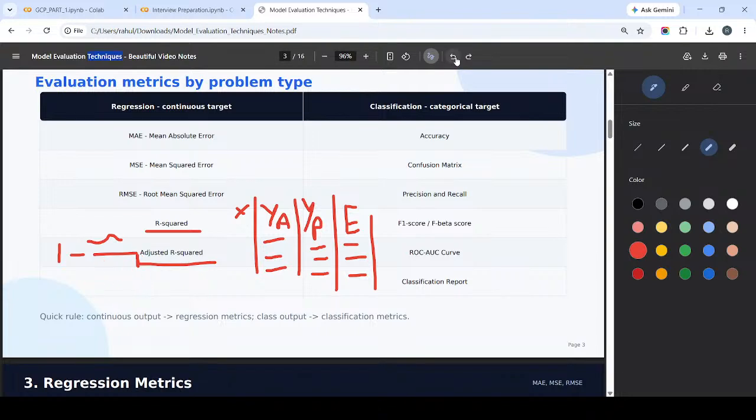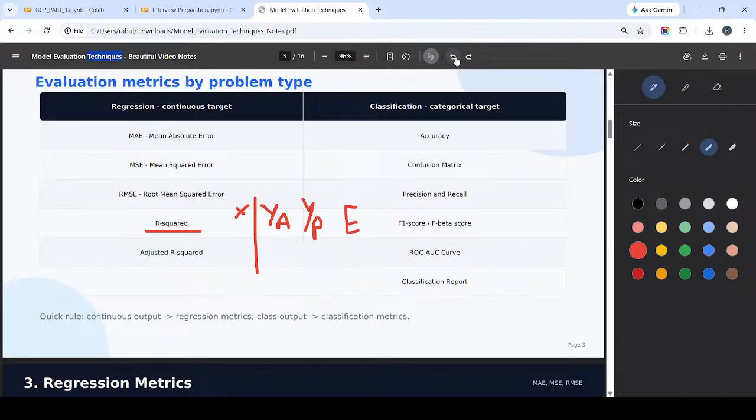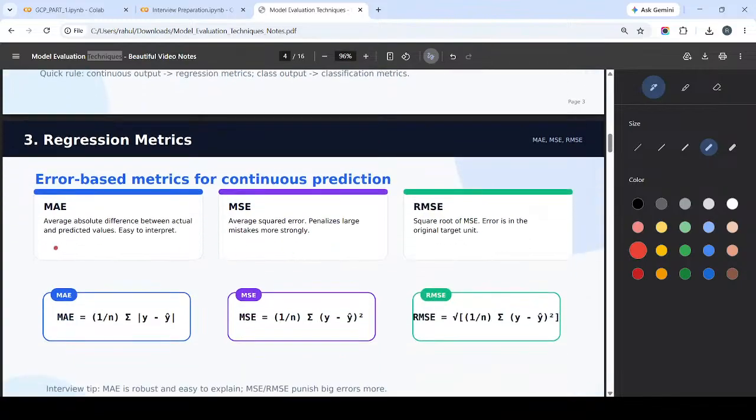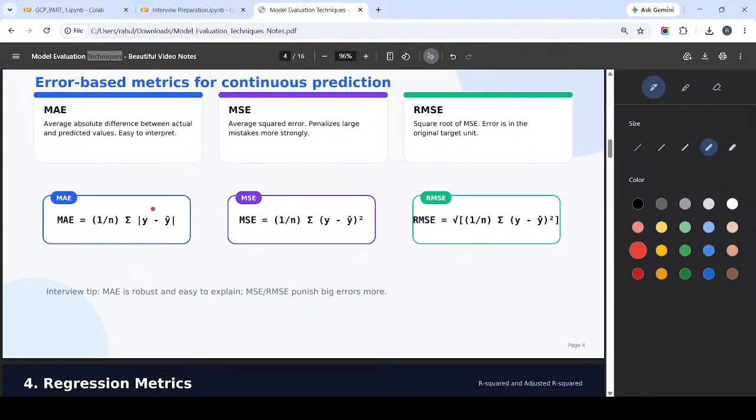So this is all about regression. You can see these are the formulas: summation of y actual minus y predicted, divided by n.